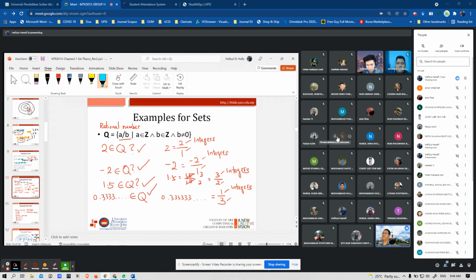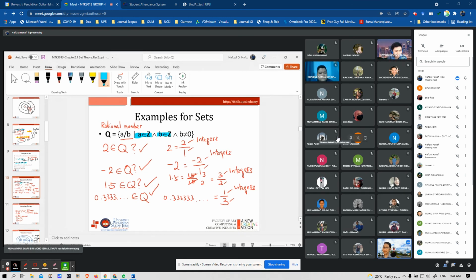This is one example. We have a rational number Q, a divided by b, and a is a member of integers, and b is also a member of integers, but b is not equal to 0.